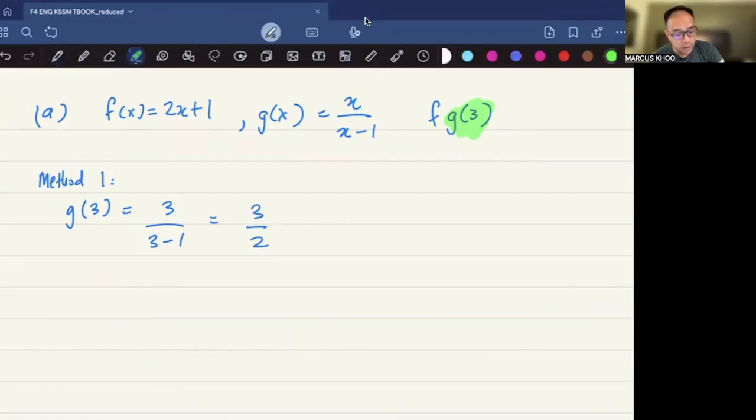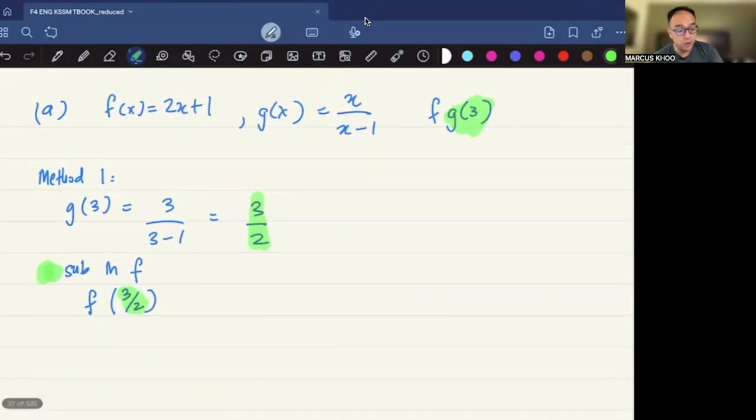Now the whole green thing over here has become 3 over 2. Then you substitute it into the second function, so sub into f: f(3 over 2). This thing has now become 3 over 2 because you already calculated it. So for f(3 over 2), you substitute the 3 over 2 into the x, and you will get 2 times (3 over 2) plus 1.